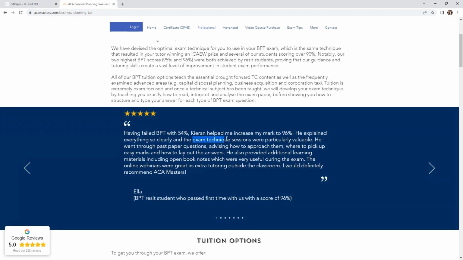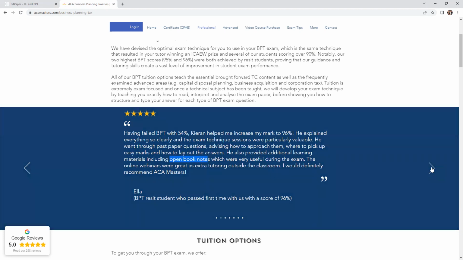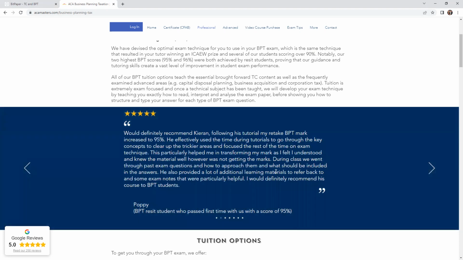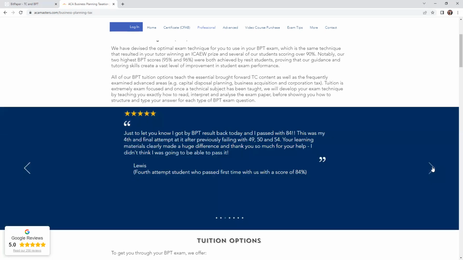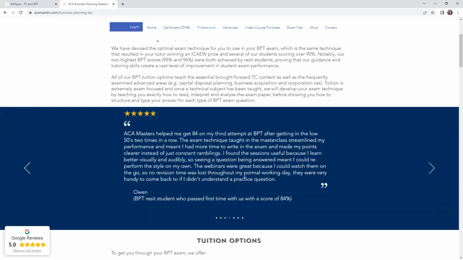But you can see it's all about exam technique, where to pick up the easy marks, how to lay out the answers, how to use the open book notes in the exam. So it's not always about getting the harder marks. It's about having a really good exam technique, really helping you pick up those easy marks. That's the key to doing well here.